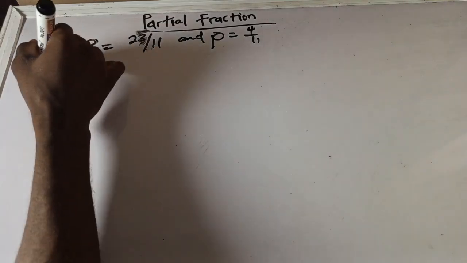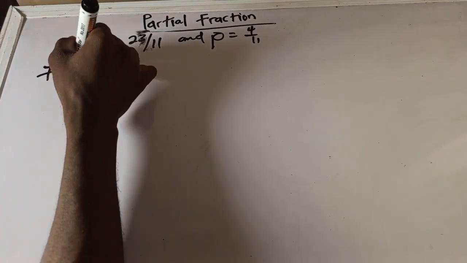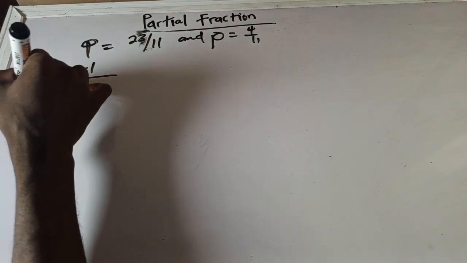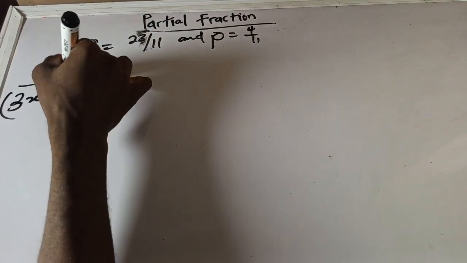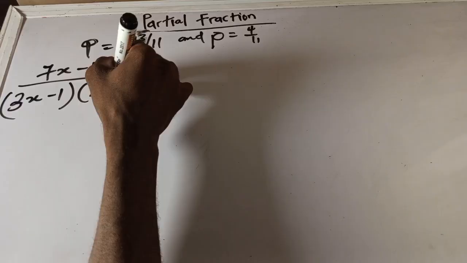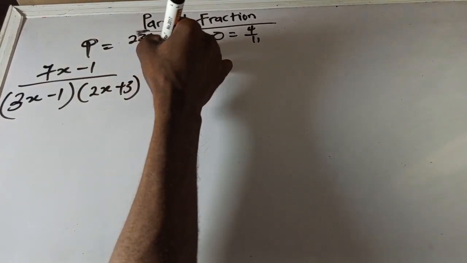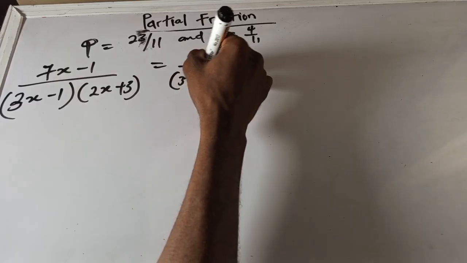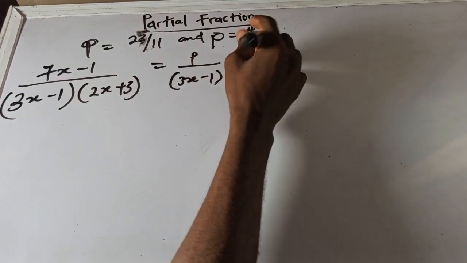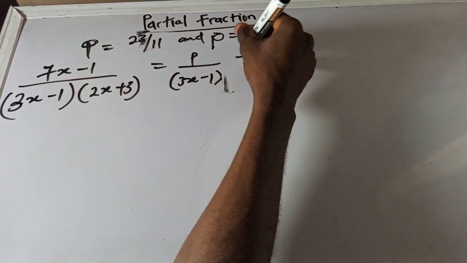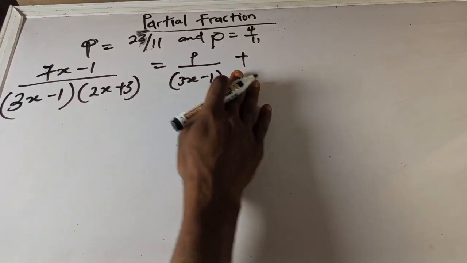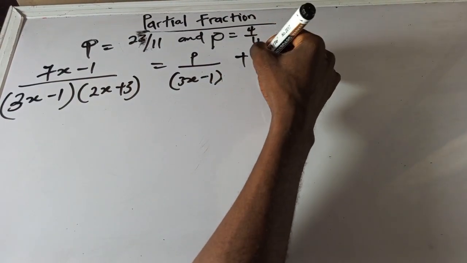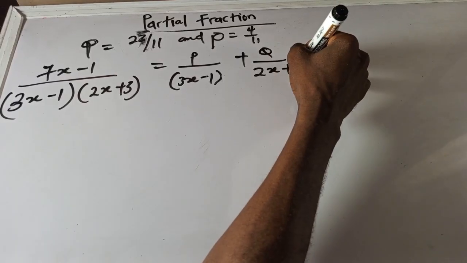Alright, so we have 7x negative 1 divided by 3x negative 1 into 2x positive 3 is equals to p over 3x negative 1 plus q over 2x positive 3.